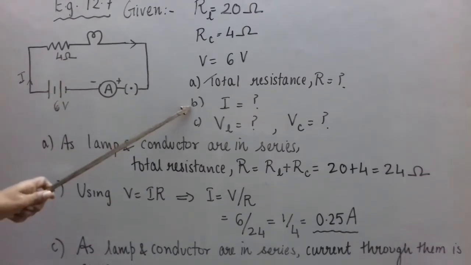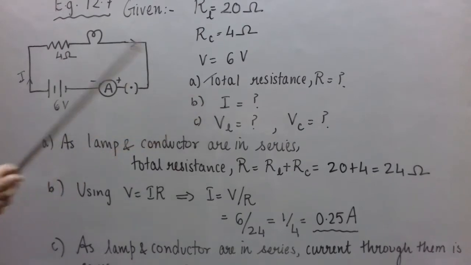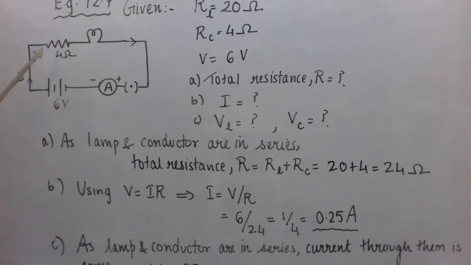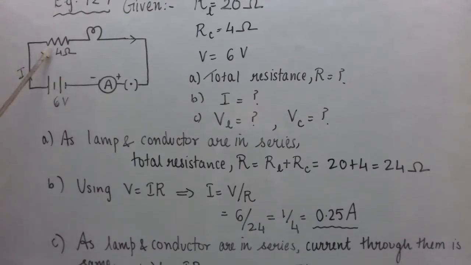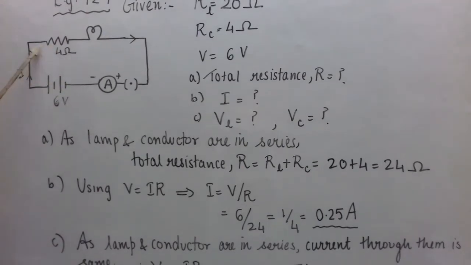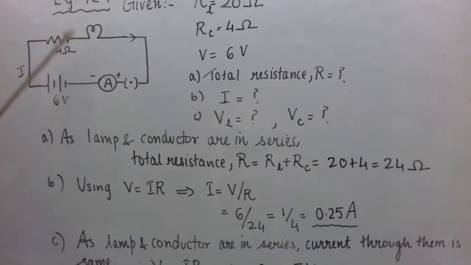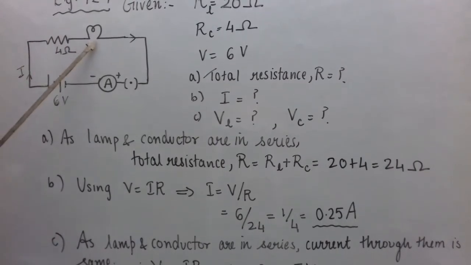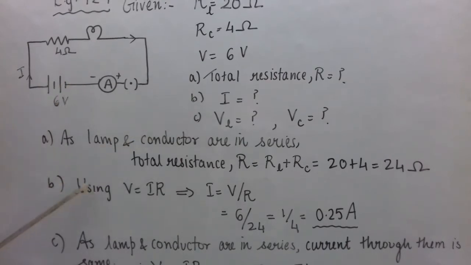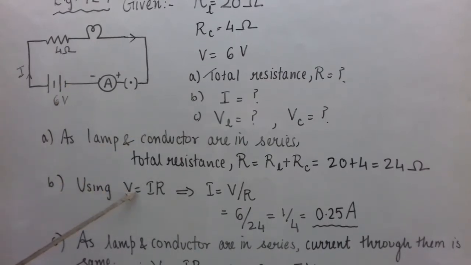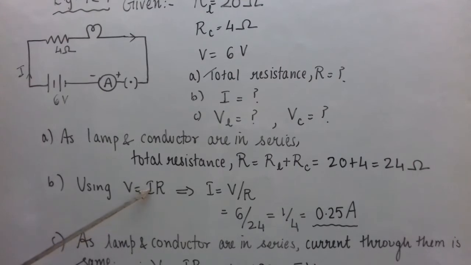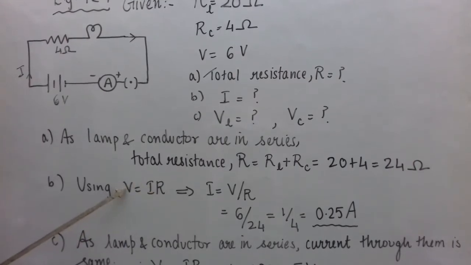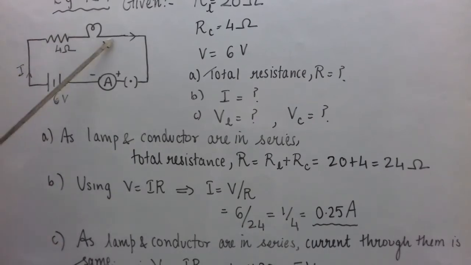Now the next B part is, we are supposed to find the total current through the circuit. We know it is a circuit in which the two components, conductor and lamp, are connected in series. And we know that in series combination, current through each component remains the same. So here, for the current through the circuit, when you use the formula V is equal to IR, you have to use the total resistance, and the total potential difference applied across this combination.